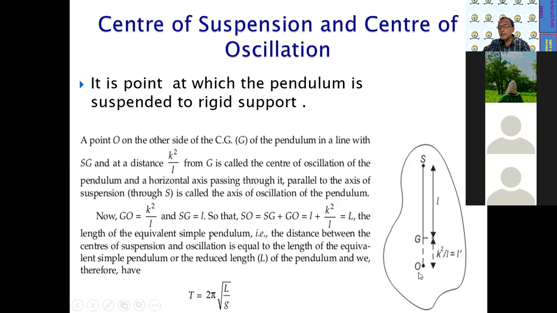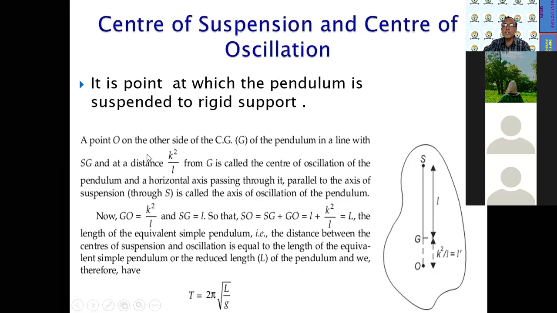And this overall order is: center of suspension, then after a good distance the center of gravity, and after a shorter distance the center of oscillation. The distance between the center of oscillation and center of gravity is k square upon L, equal to small l, isn't it?